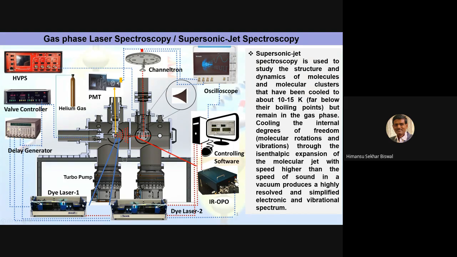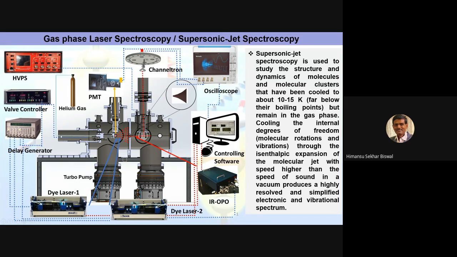We call it supersonic gas phase laser spectroscopy, or supersonic jet spectroscopy. We take our molecule, here paracresol, the monomer, and we heat it, or if it has sufficient vapor pressure, we don't need to heat it. Then we introduce a buffer gas like helium.